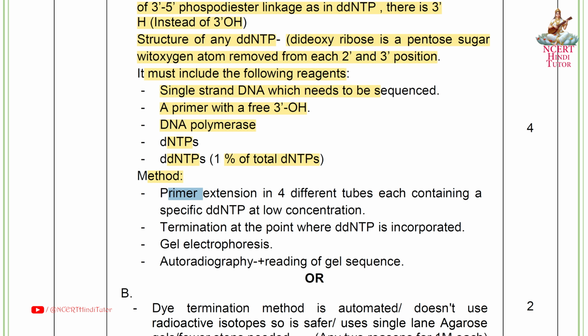Method: primer extension in 4 different tubes, each containing a specific ddNTP at low concentration. Termination at the point where ddNTP is incorporated. Gel electrophoresis, autoradiography, reading of gel sequence.